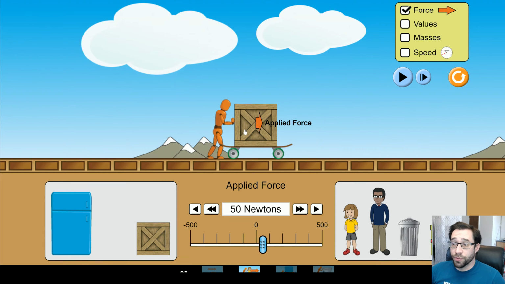The box should move to the right because as of right now, there's nothing opposing the motion of the box and the skateboard. Right? So if I push the skateboard, it's going to move in that direction.